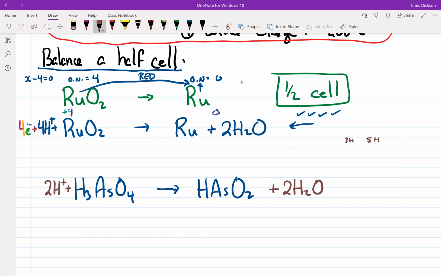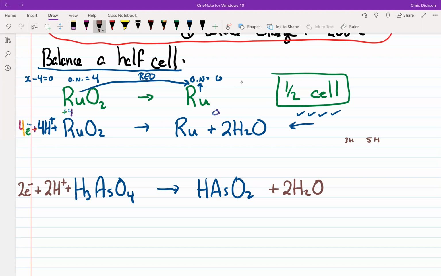And now I need to balance out my charge, so I'm going to add 2 electrons to the left. I'm just going to double check if I did that right. So 1 As, 4 oxygens, 5 hydrogens, and charge is that.